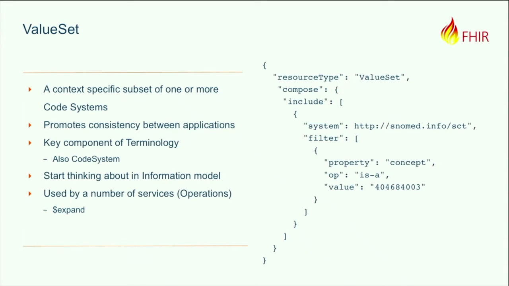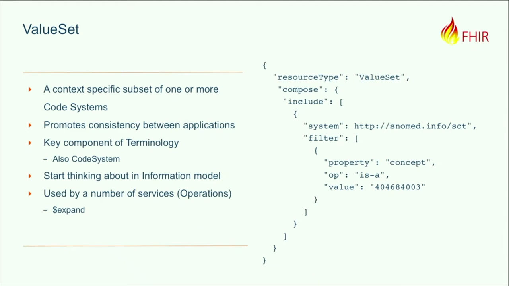The value set. We've touched on the value set as we've gone through the day. It's one of the more important resources, particularly in terms of coded type data. What it does is it provides a specific subset of data out of a code system of some sort, a specific set of SNOMED codes, a specific set of LOINC codes, and so forth.